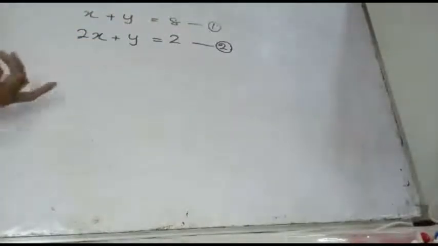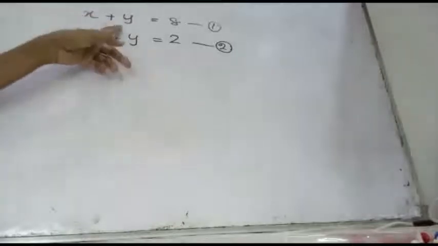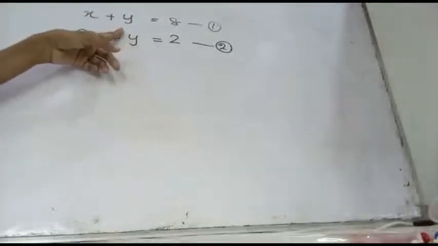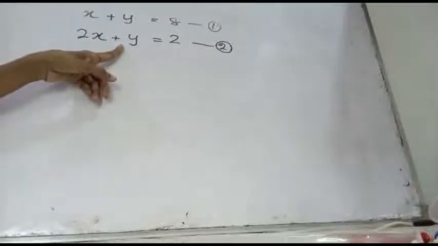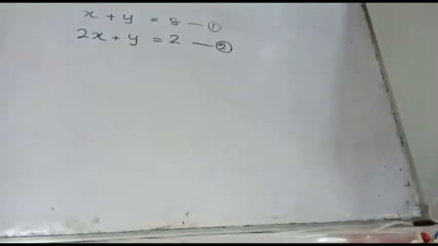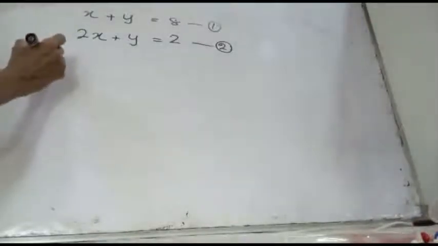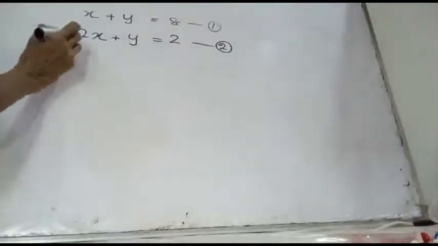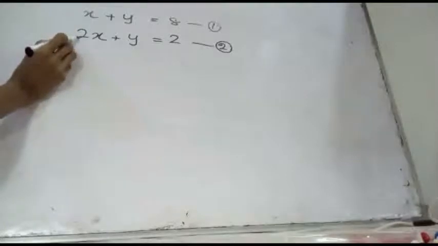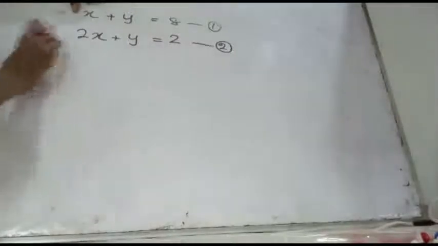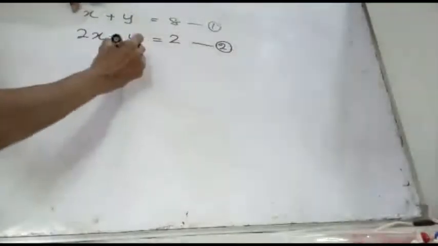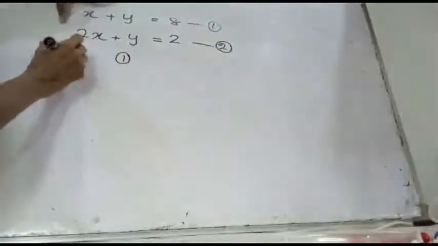In these equations, the coefficient of y is equal and the signs are also equal. Therefore, to eliminate y, we must subtract one equation from the other. The coefficient of x, 2, is more than the coefficient of x in the first equation. Now we can subtract the first equation from the second equation.